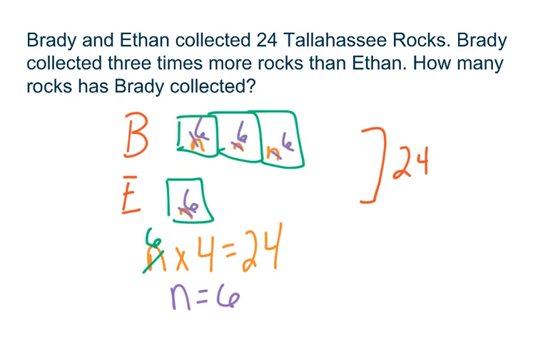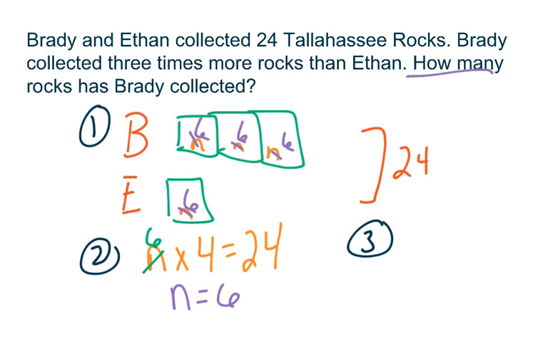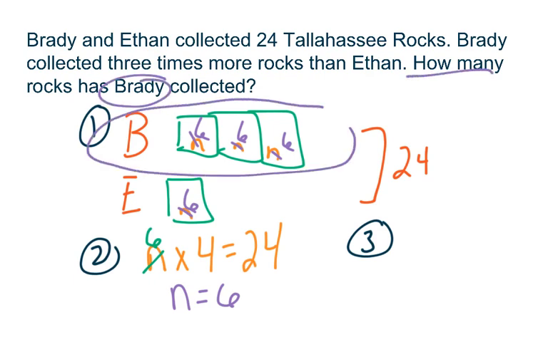And again, when we were talking about our multiplication comparison problems, this was our first step, to draw our model. Our second step was to solve for n. Our third step is to go back and actually solve our problem. So I'm going to go back and reread my problem. It says, how many rocks has Brady collected? I'm going to circle Brady in my model, and I see that he has 3 6's.